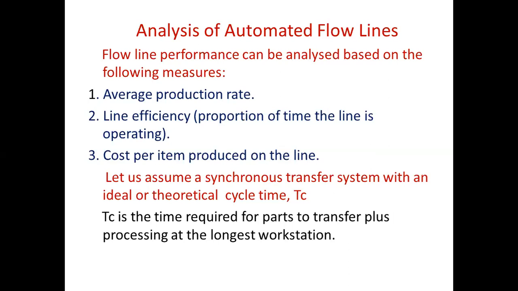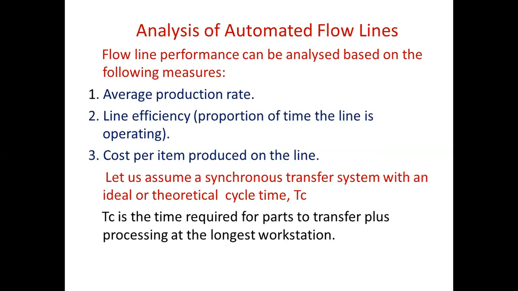Here we have to assume a synchronous transfer system with an ideal or theoretical cycle time, TC. Let us first understand what TC is and what the ideal or theoretical cycle time means, because TC is the time required for parts to transfer plus processing at the longest workstation.